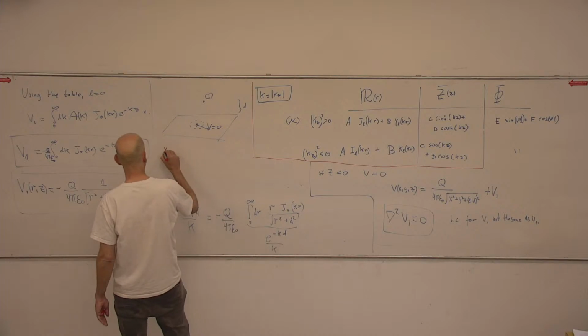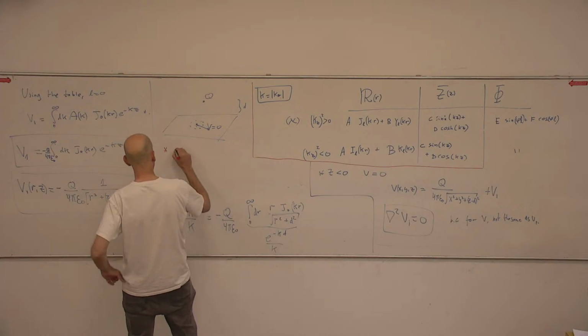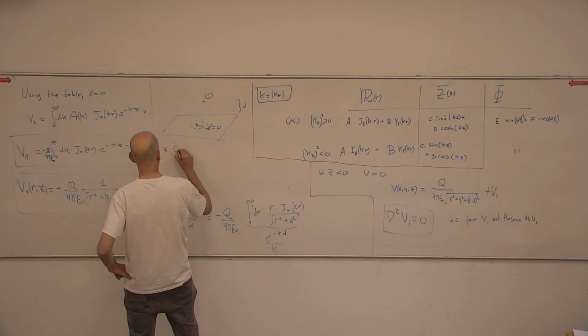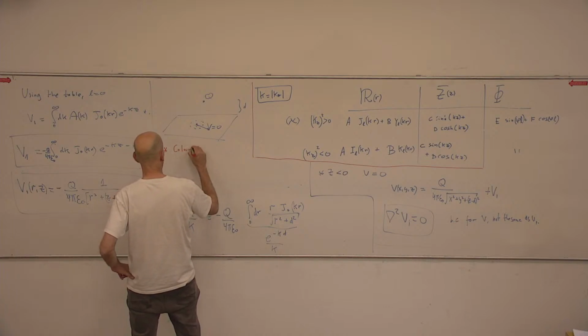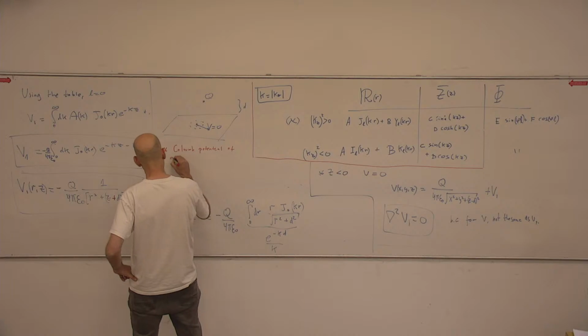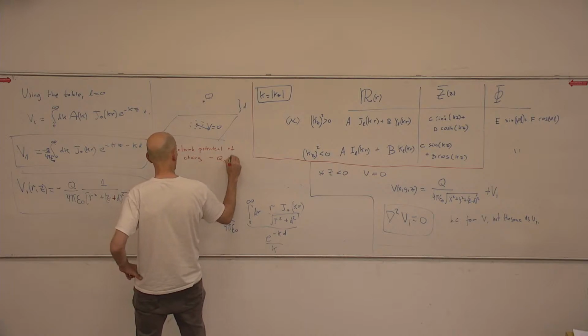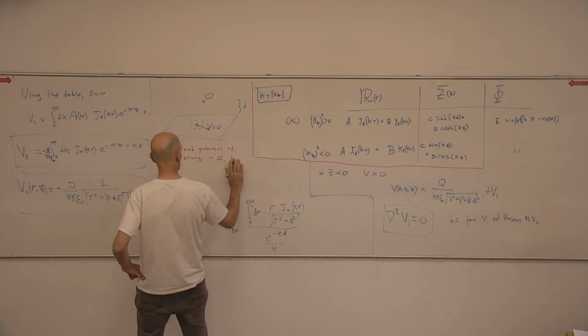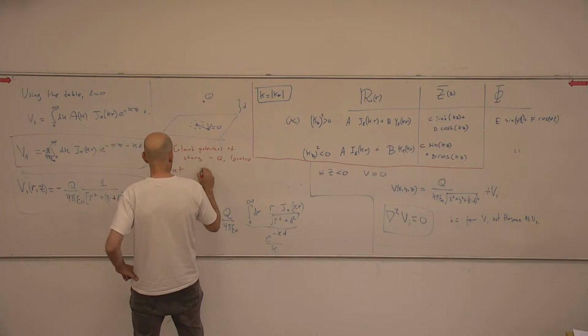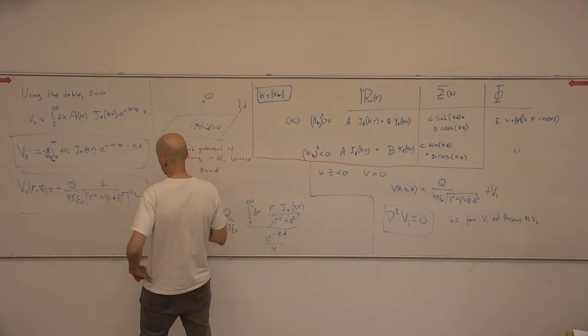So this is a Coulomb potential of charge minus q located at z equal minus d.